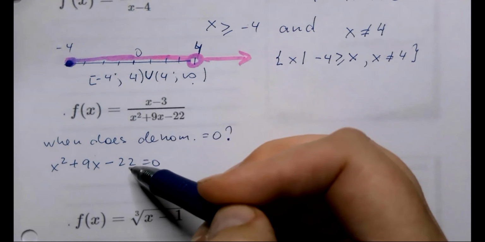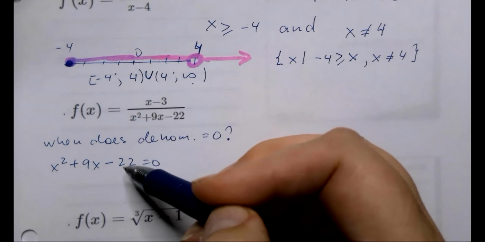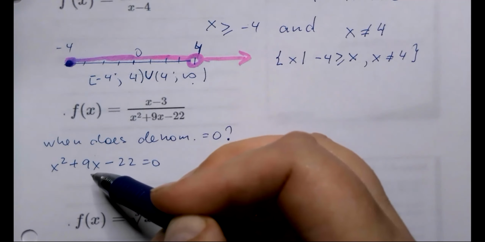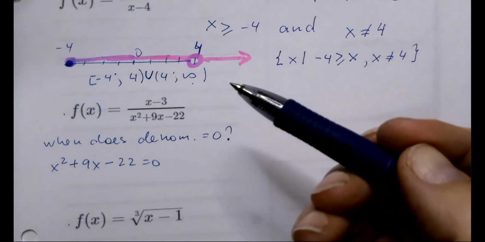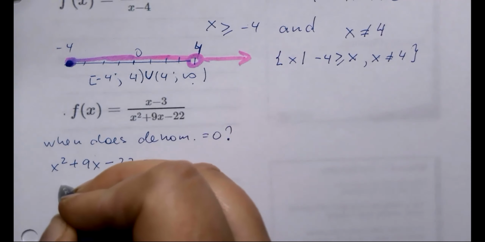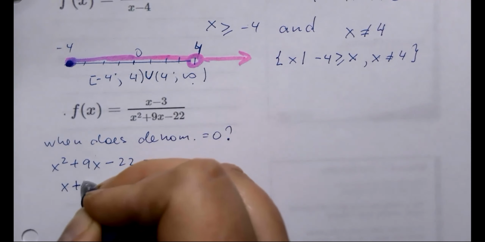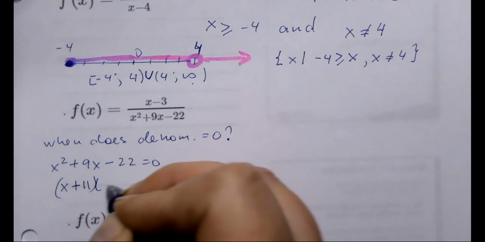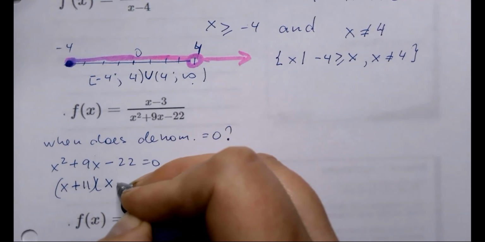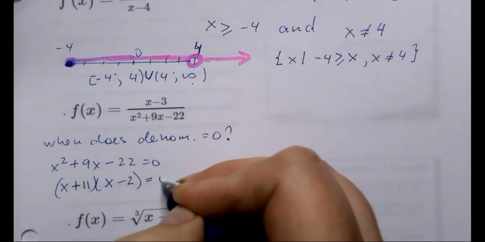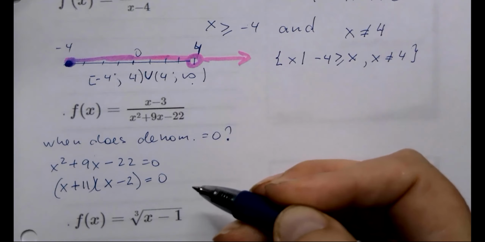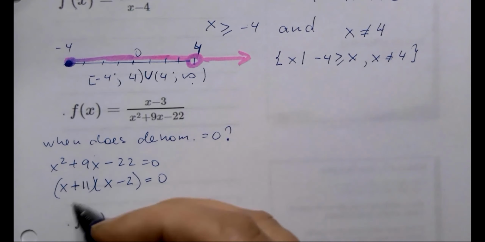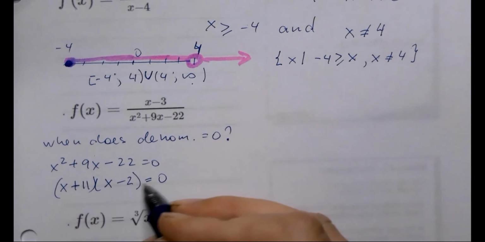We're looking for two numbers that will multiply to -22 and add to +9, and such numbers are 11 and -2. If you don't remember how to do this process again, refer to that video.